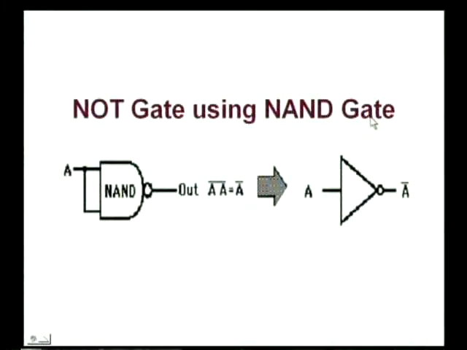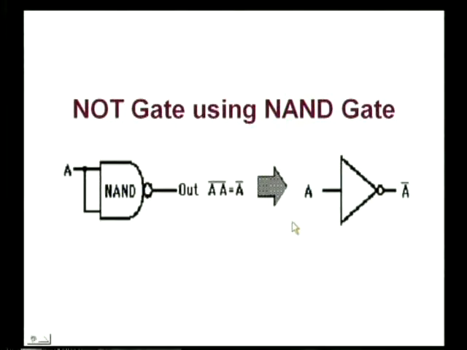See here how the NOT gate is realized using the NAND gate. We know that the output of an inverter or NOT gate should be the complement of the input. To achieve this, we will be using the NAND gate.